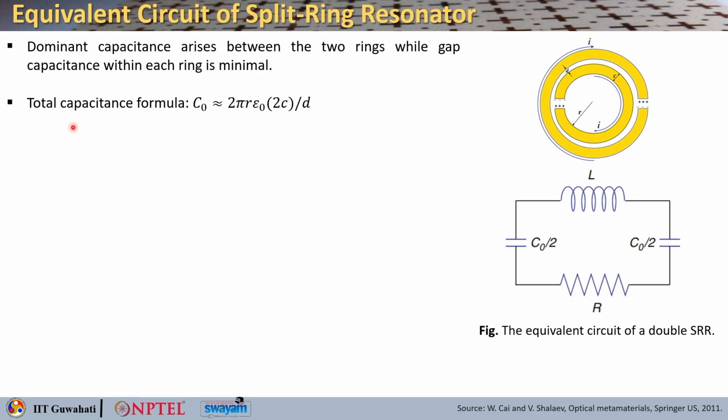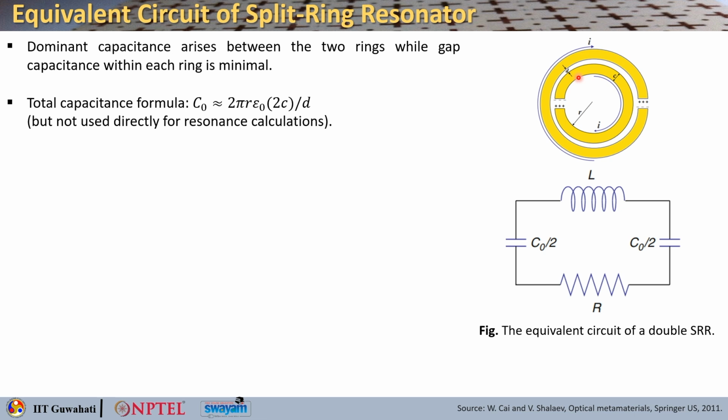If you consider the total capacitance to be C naught, it can be approximated as 2 pi r epsilon naught times 2c by d. Each ring has a width of c, and d is the gap between the two rings.